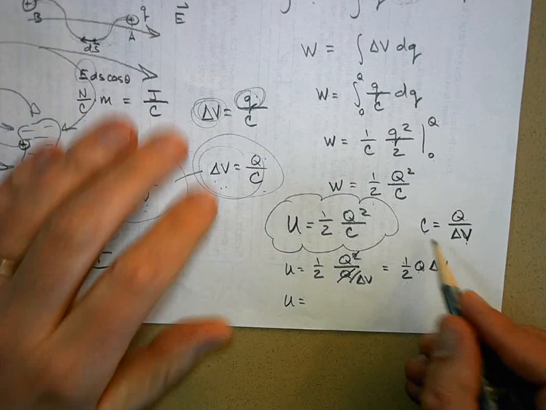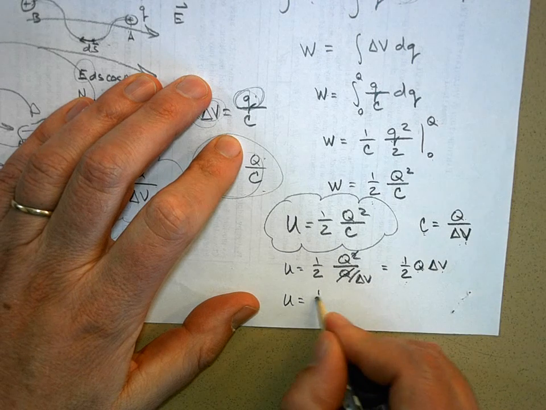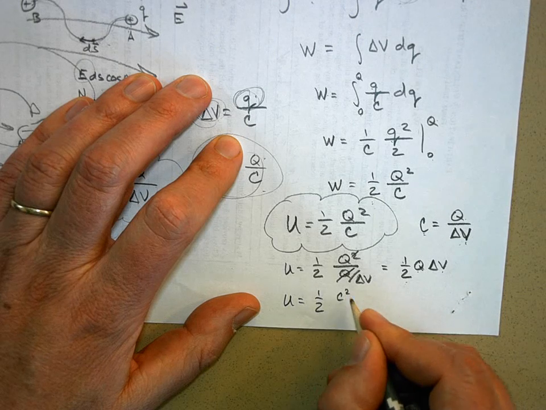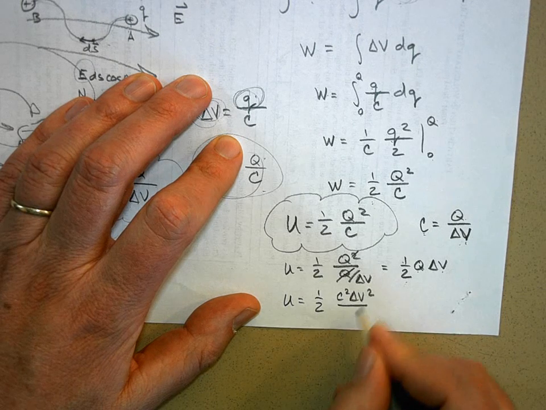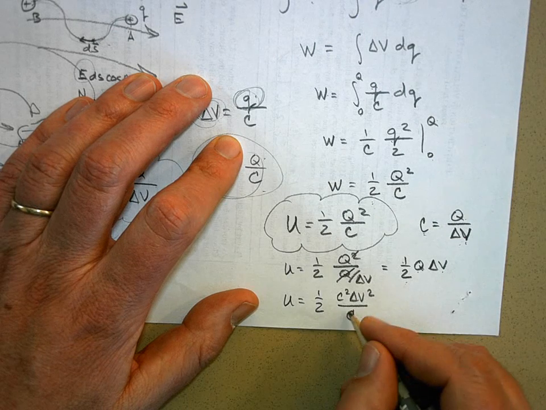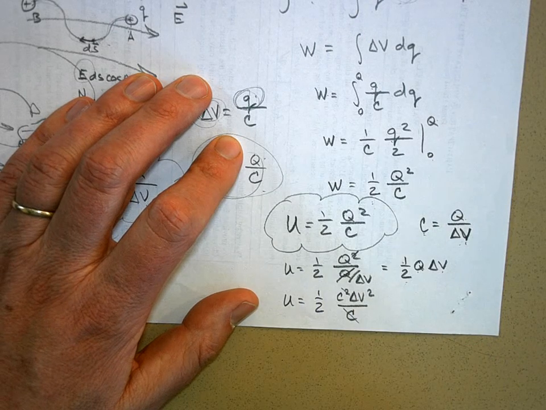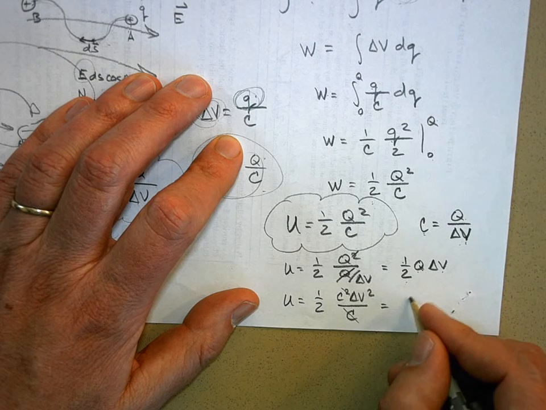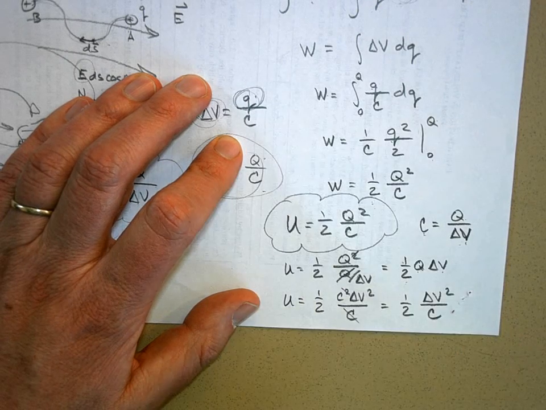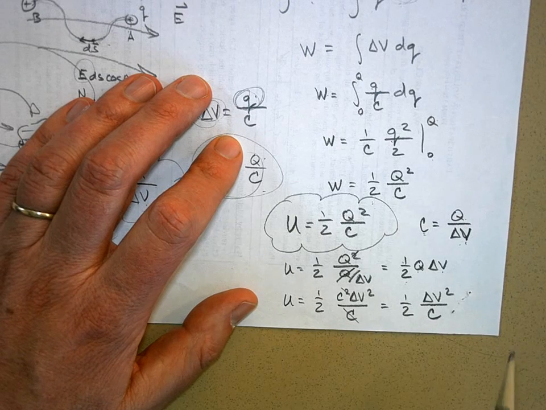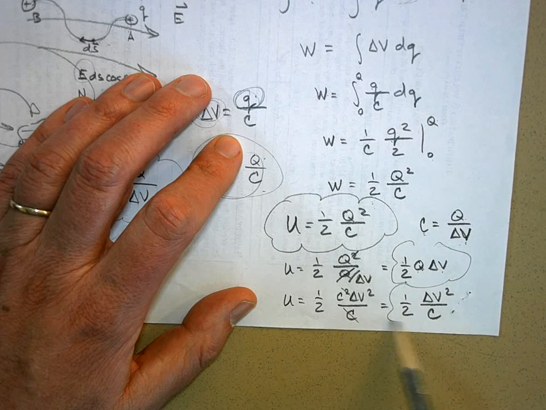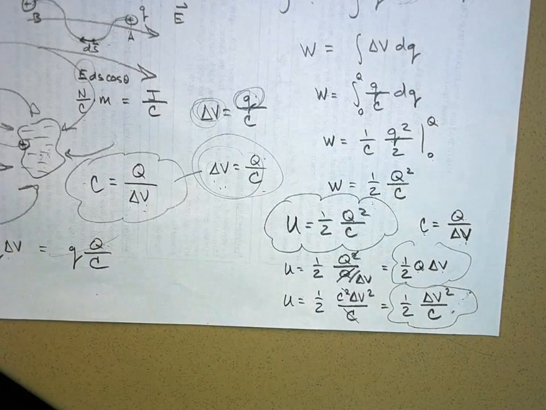Q equals C times delta V. So I go 1/2 of C squared delta V squared over C. So the capacitance cancels, and I get 1/2 C delta V squared. So we have these different equations that we can use to calculate the energy, depending on what we're given.